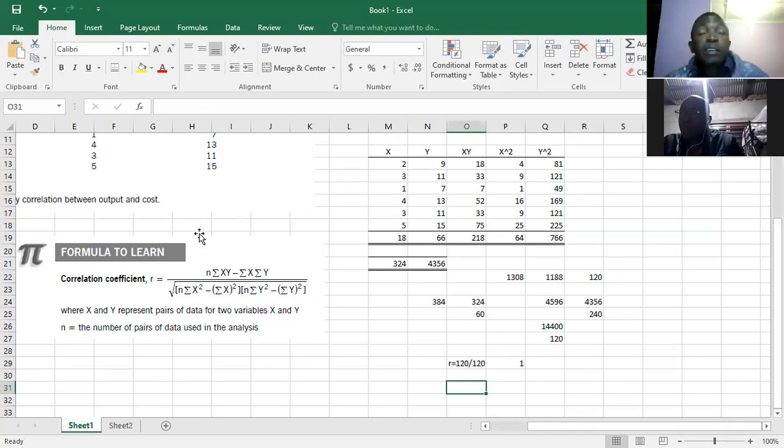If production increases by 1 unit, the cost also increases by 1/4 or $1. That's what it means. So it's 1 by 1. When it drops by 1, the other side also drops by 1. So here there is perfect positive correlation.